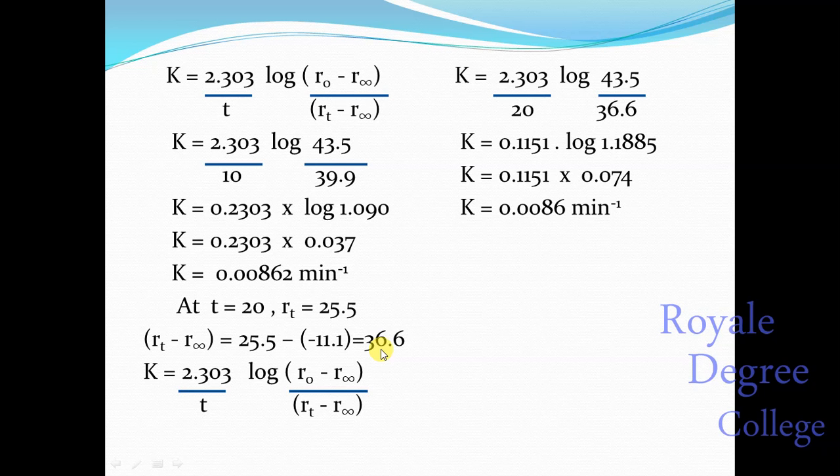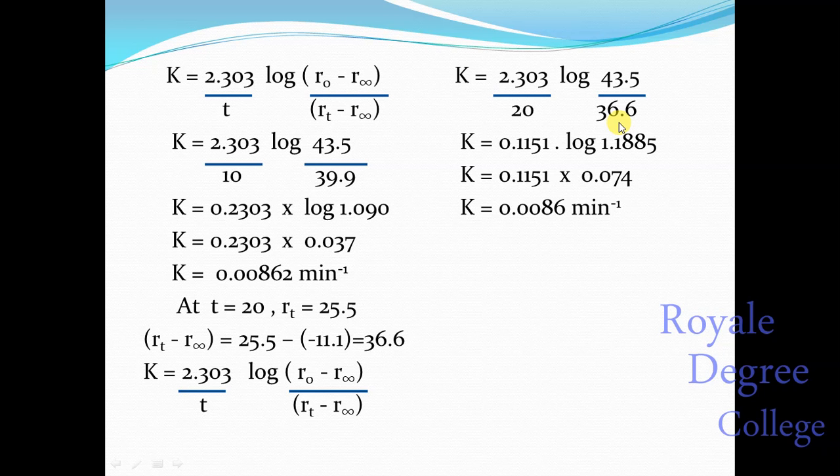Here we are using this formula, k equal to 2.303 by t log R naught minus R infinity divided by RT minus R infinity. Now we are keeping the value of t. T is how much? 20. So we are writing here 20 log R naught minus R infinity. Just now we got the value, in the previous case we got 43.5, isn't it? That we are writing, divided by RT minus R infinity value.